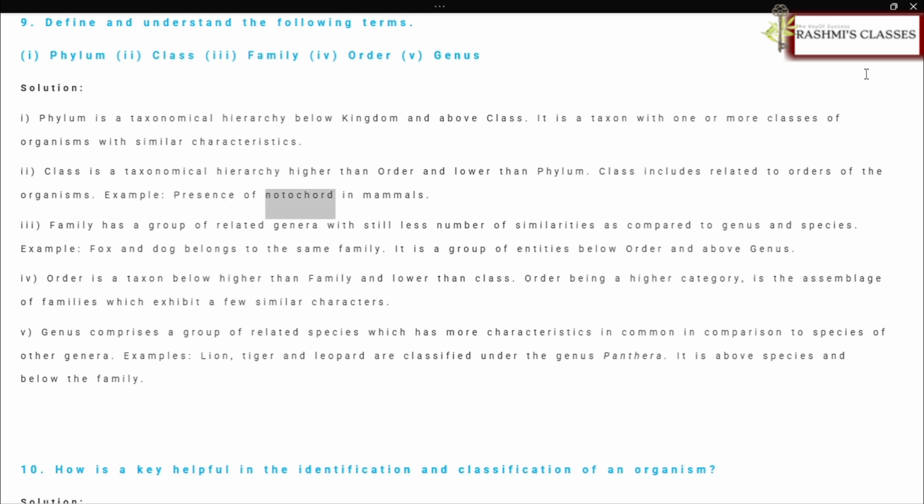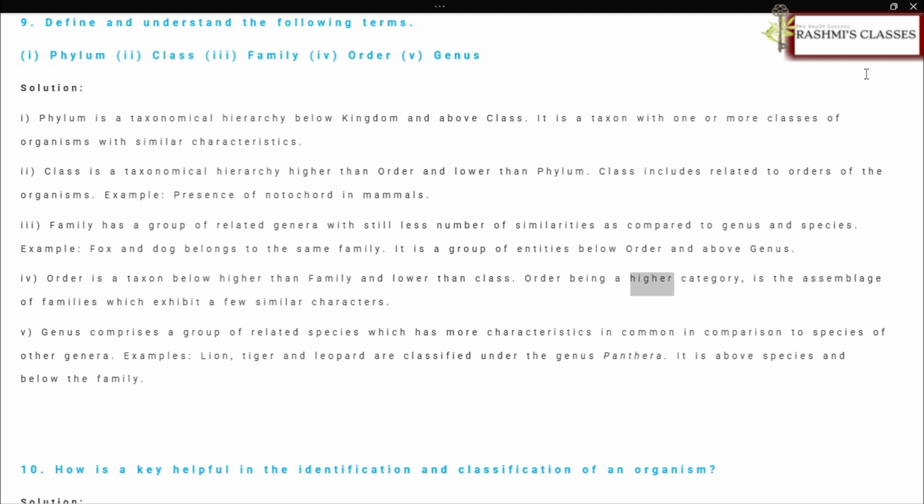Example: presence of notochord in mammals. 3. Family has a group of related genera with still fewer similarities as compared to genus and species. Example: fox and dog belong to the same family. It is a group of entities below order and above genus. 4. Order is a taxon higher than family and lower than class.